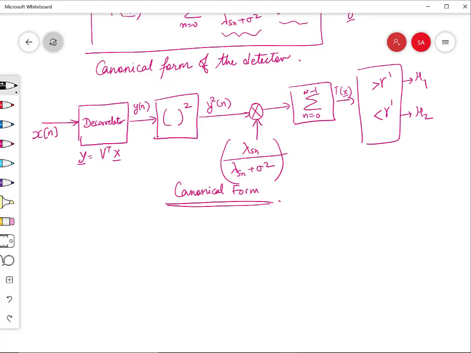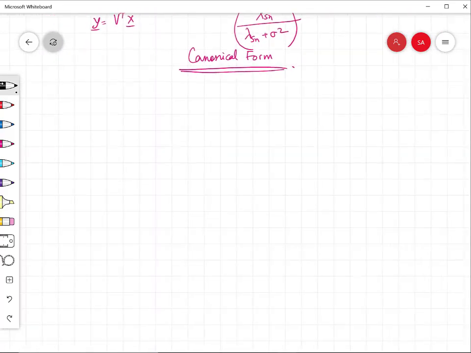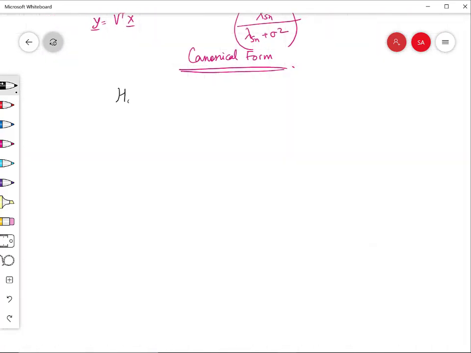In this particular example, what we took is that we took the hypothesis H0, x[n] to be w[n], and w[n] were considered to be white Gaussian noise. But rather than this, you can also take a colored noise. So you can take it to be a Gaussian process now with covariance Cw.